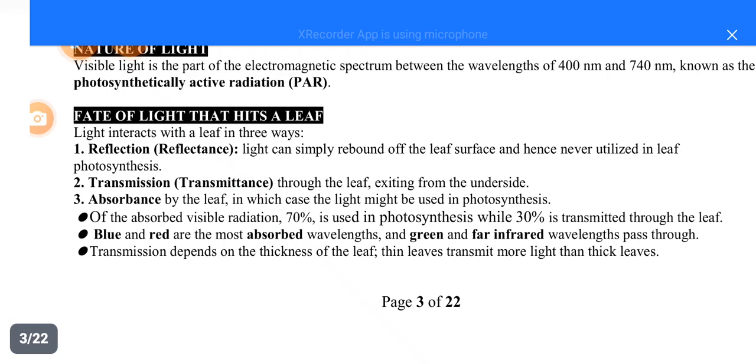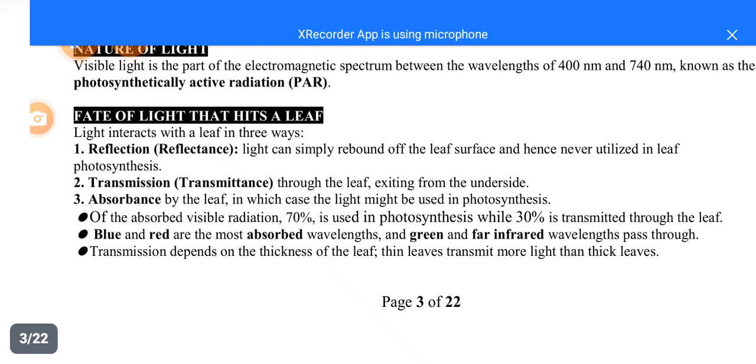Have you ever asked yourself, because they normally say that leaves absorb sunlight, which helps them in the process of photosynthesis. But is it true that the leaves absorb all that light which falls onto them? The answer is no. Not all the light which falls on the leaf is absorbed and used for photosynthesis.